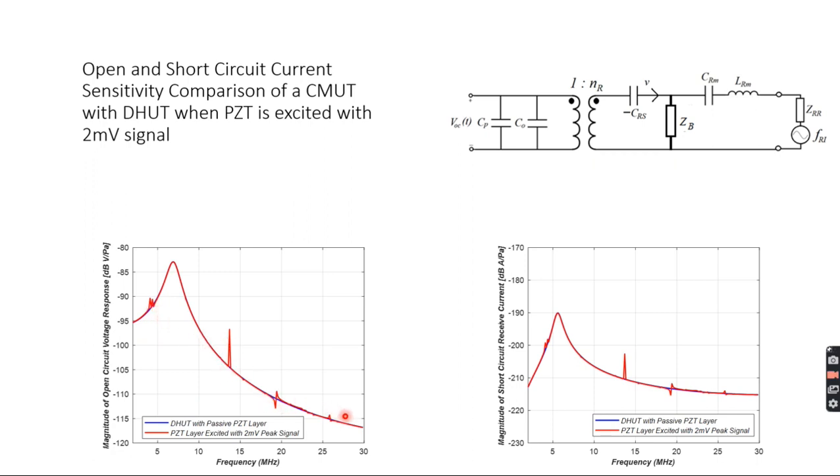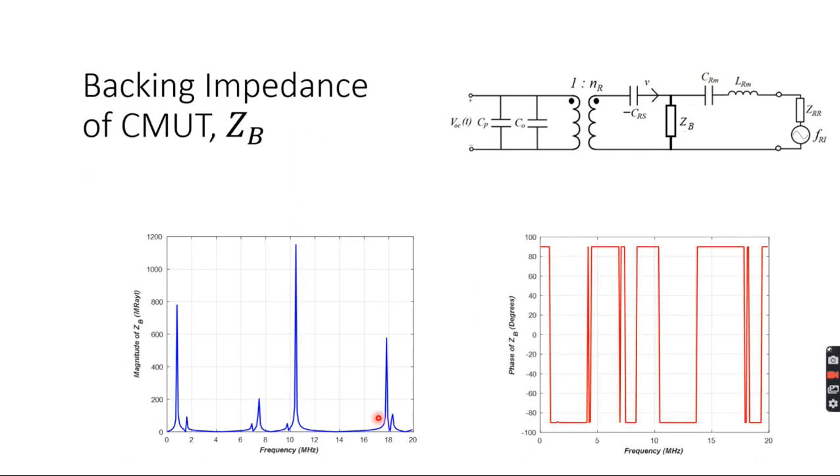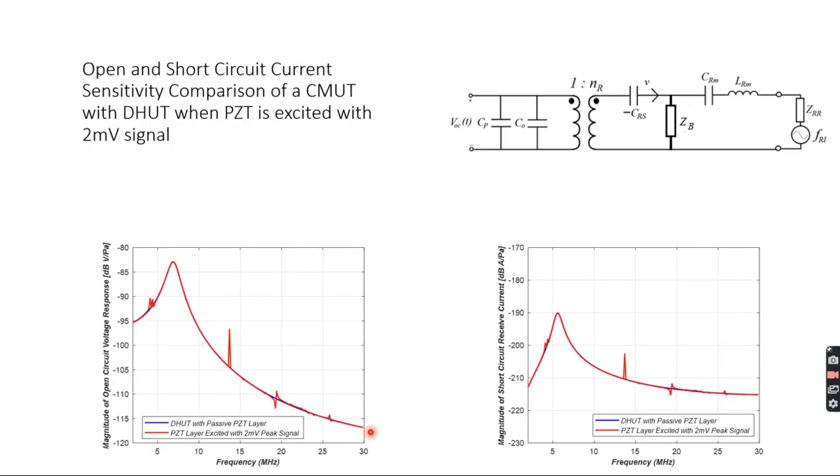And then there are some other peaks at high frequencies, which are again due to the frequencies where you have the soft backing. So this is the effect of the coupling from the active PZT resonator.